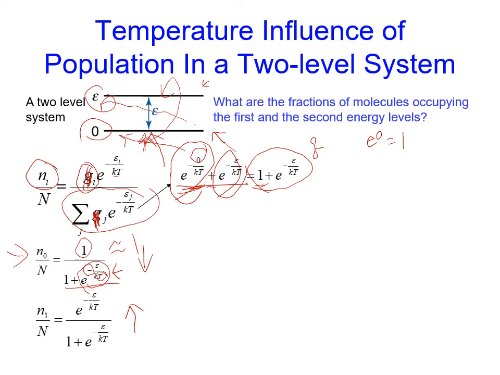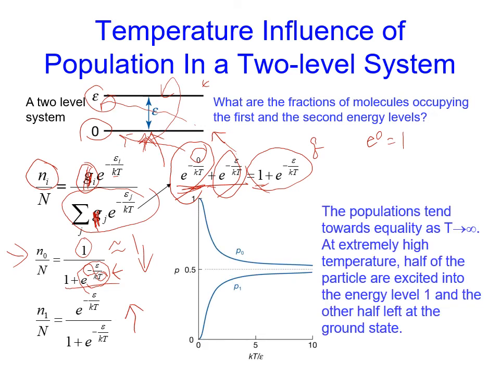If we plot this fraction over temperature, kT, then you can see at very low temperature, 100% are at the low energy level and 0 at the high energy level. When temperature is increased, the first energy level decreases and the higher energy level increases. At very high temperature, they approach 50-50%.